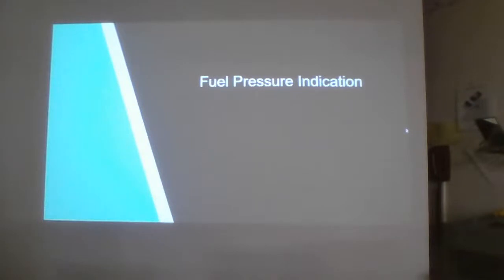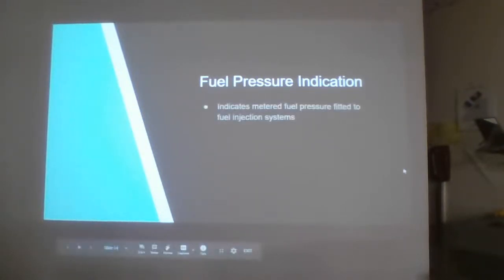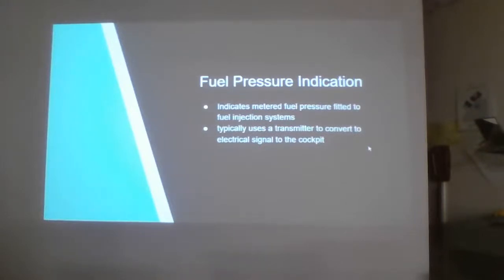Okay, and next we'll talk about fuel pressure indication. Fuel pressure indication indicates metered fuel pressure fitted to fuel injection systems. It typically uses a transmitter to convert the signal to an electrical signal to the cockpit.